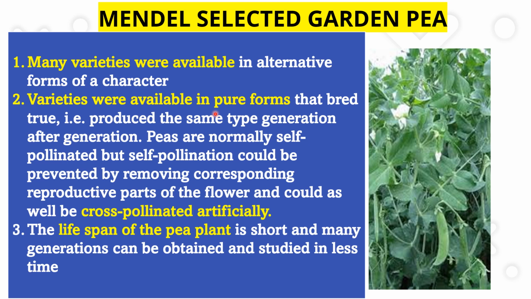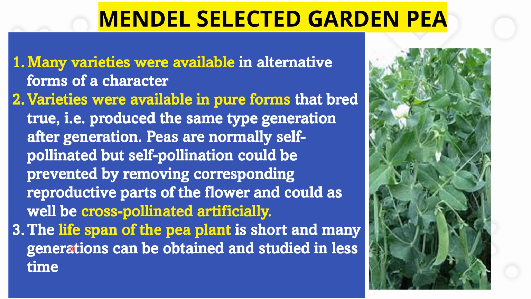We know that these pea plants are self-pollinated. Normally they are self-pollinated, but that can be prevented by removing the corresponding reproductive parts. That means we can remove the anther of the flower and we can cross-pollinate artificially.